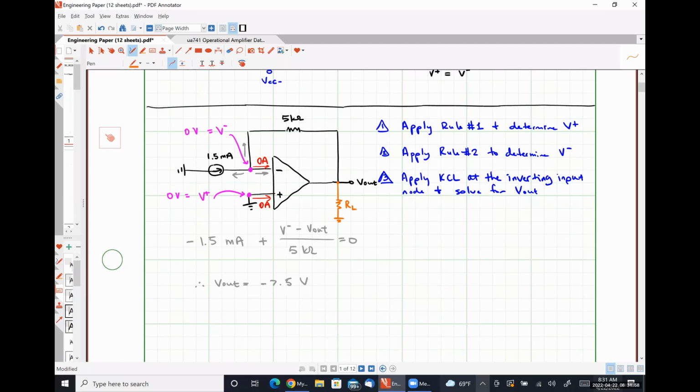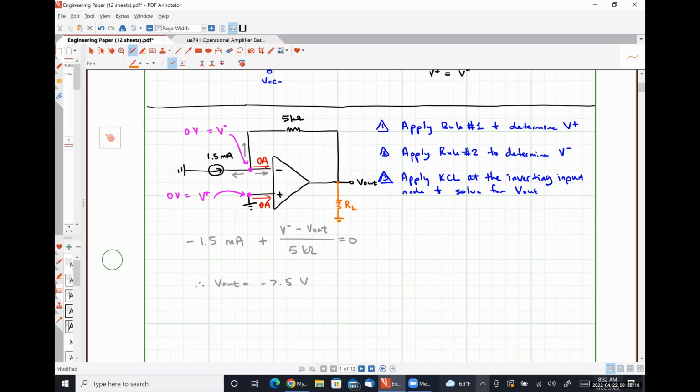Correct. The answer is nowhere. So the presence of a load resistor at the output terminal there, so between the output terminal and ground, will not influence the behavior of an ideal op-amp circuit, except for one very specific case.